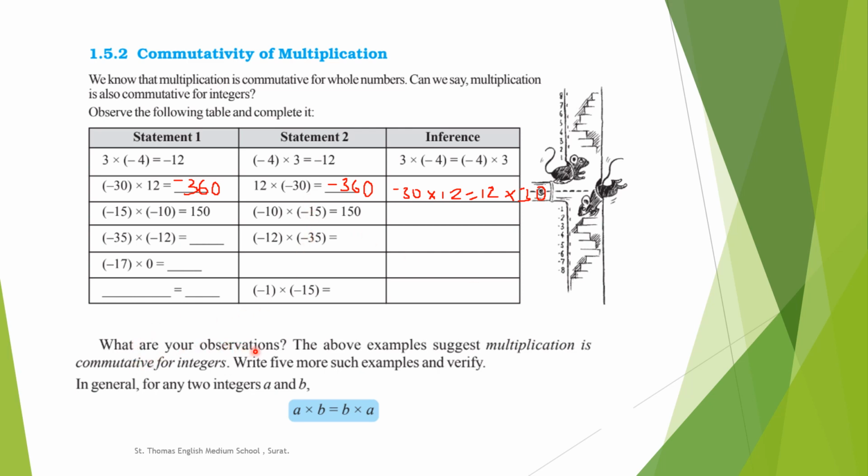What are your observations? The above examples suggest multiplication is commutative for integers. You can underline here, multiplication is commutative for integers. So in general, for any two integers a and b, we can say a multiplied by b is same as b multiplied by a. It's clear?